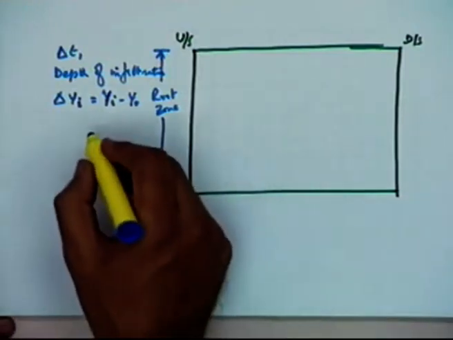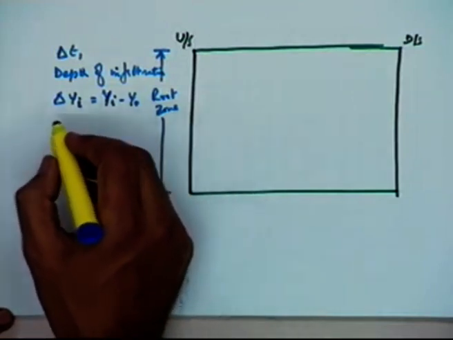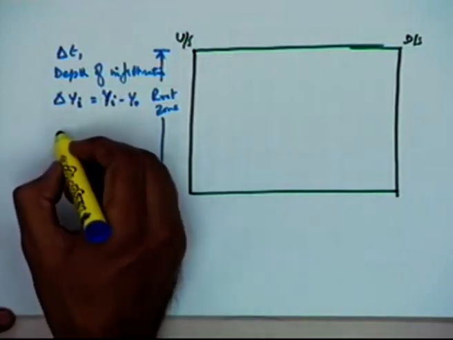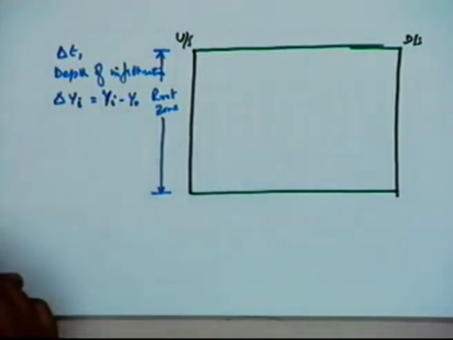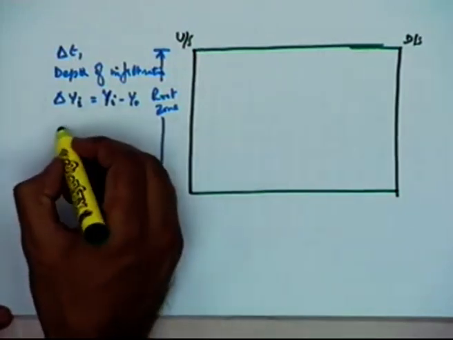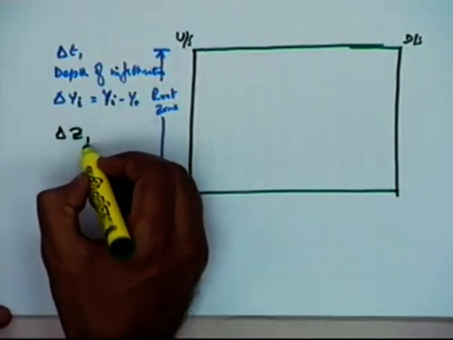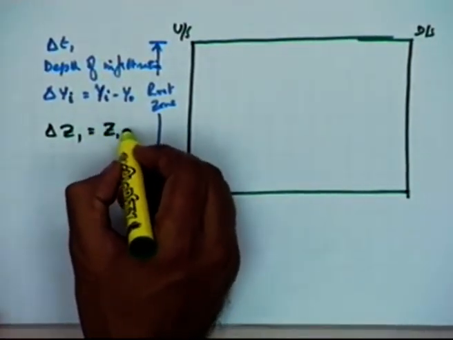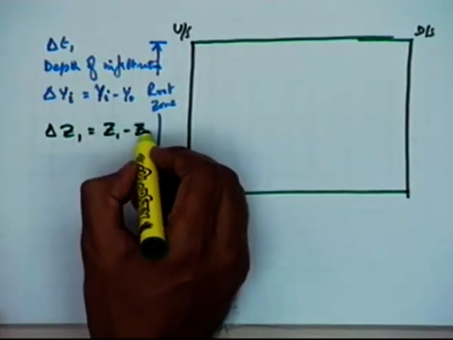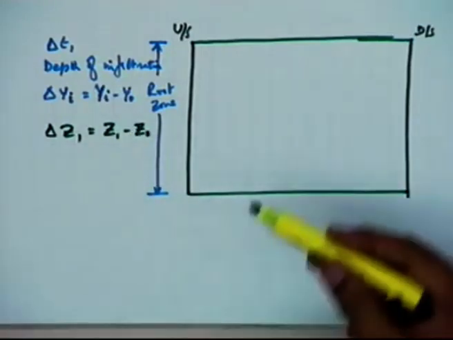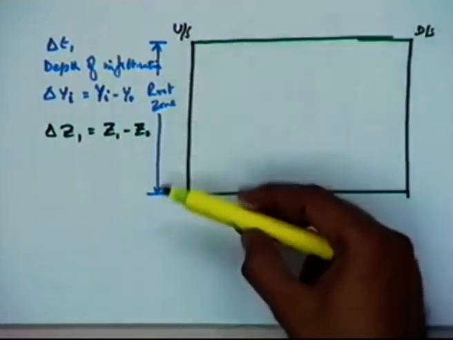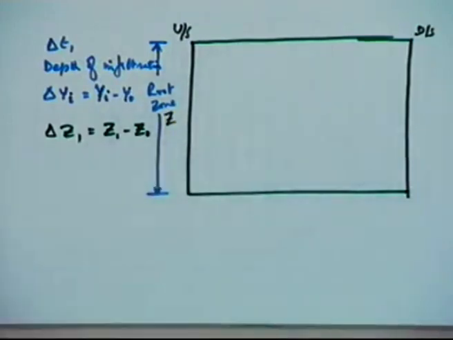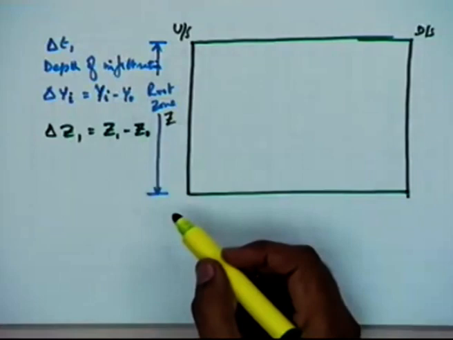Similarly, the depth of soil which will become wet, which we will call delta Z1, you can write, because we are saying that this is our total Z, this root zone which we have considered, the total depth.